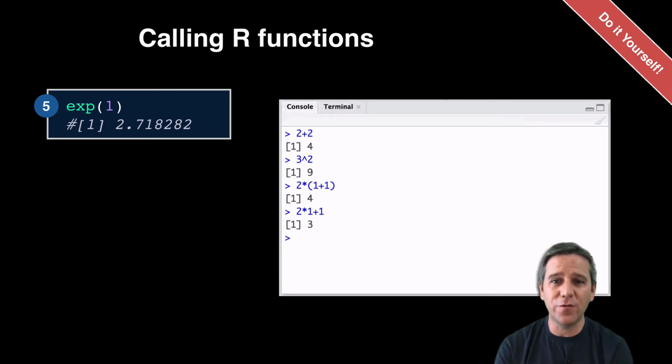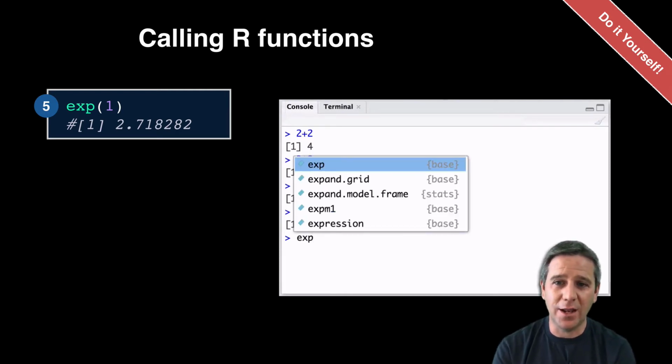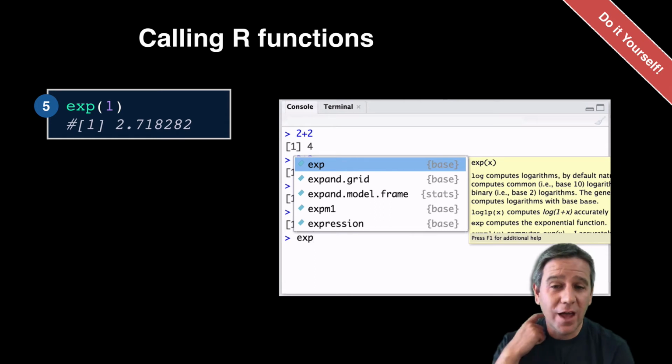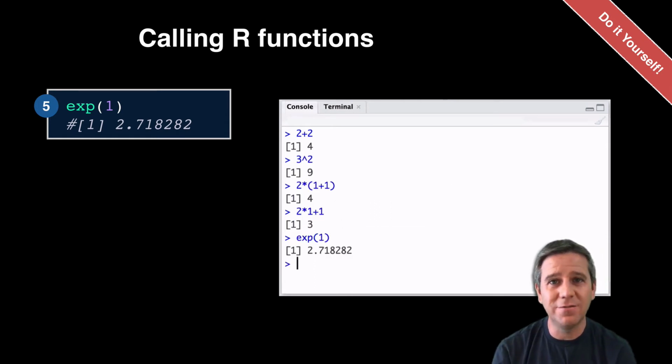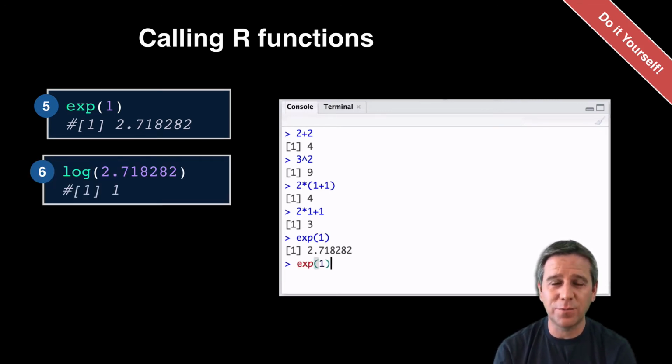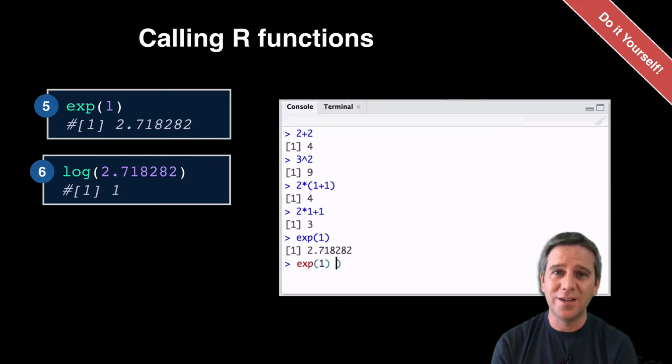So we're going to type our first function call, and we type its name, and then we give the input to it inside parentheses. So 1, and then push return, and it gives me the answer, in this case 2.7182.